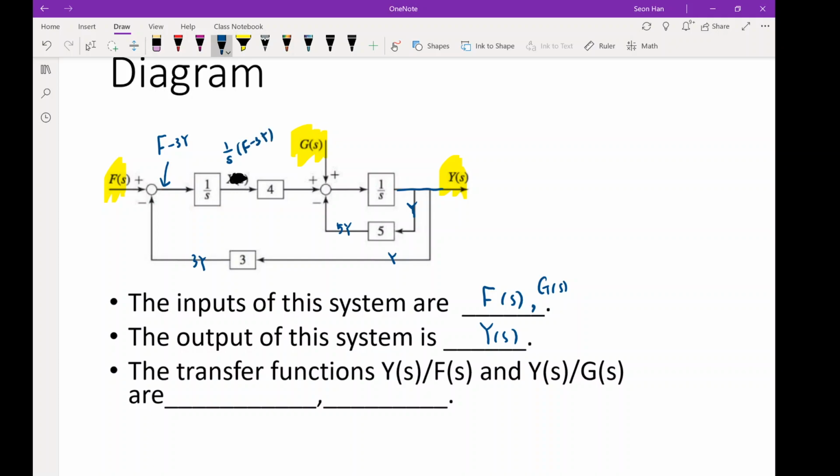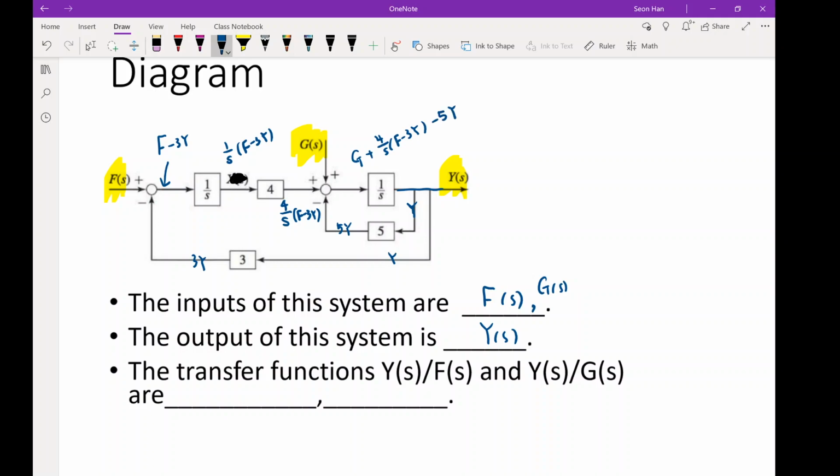Then you multiply by 1 over s, F minus 3Y. Now you multiply by 4. Why didn't I just multiply by 4 divided by s from the beginning? 4 divided by s times F minus 3Y. Now this line has three signals going in, so this will be G plus 4 over s times F minus 3Y, minus 5Y.